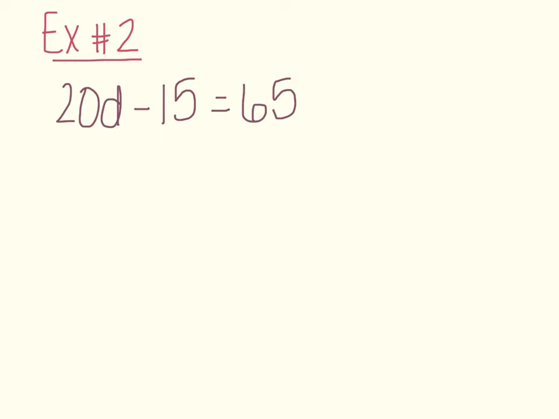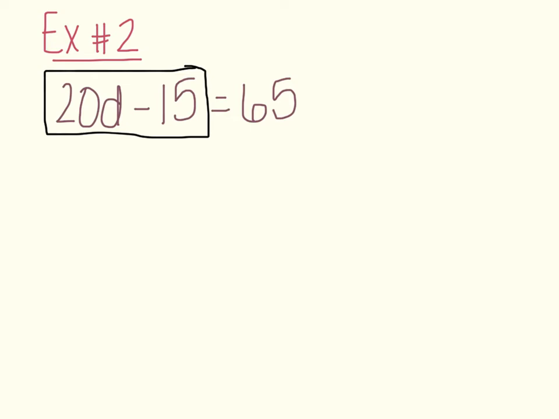Example number 2, we have 20d minus 15 equals 65. Remember, we want to get rid of the one that is not next to the variable. So we have a minus 15. Anything that is on the same side of the equation with the variable needs to be gotten rid of. That's what we're trying to do.